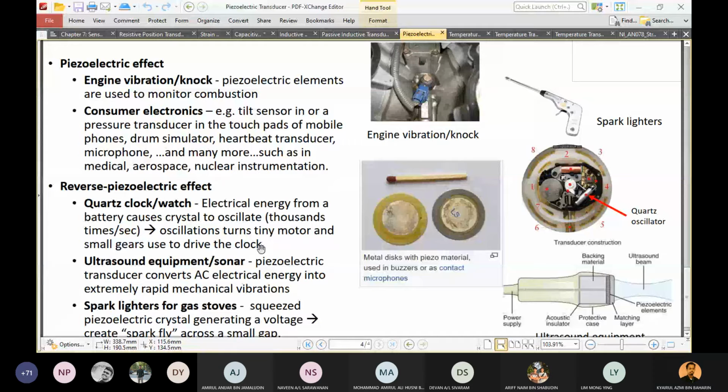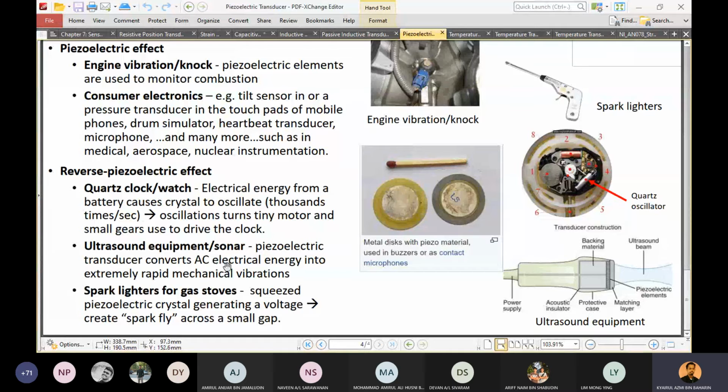Electrical energy causes the crystal to oscillate, and the oscillations can turn a tiny motor and small gears used to drive the clock. So the clock can self-generate its own supply for some applications, even though we still need some batteries for the watch.